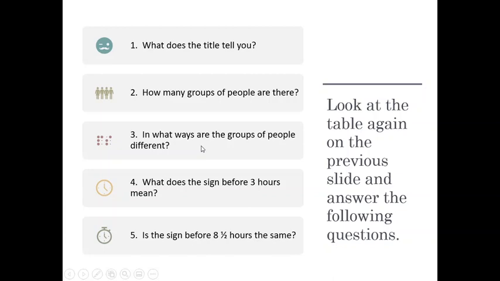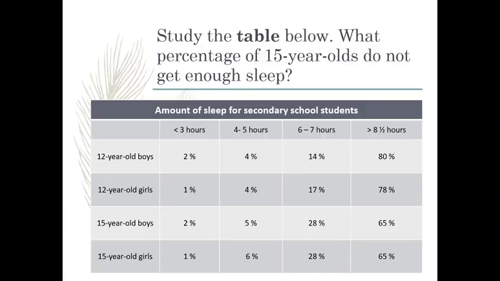Next, in what ways are the groups of people different? They are different in the amount of sleep. And these are the range of sleep that they get every night.